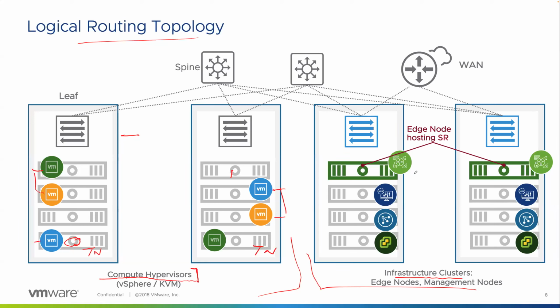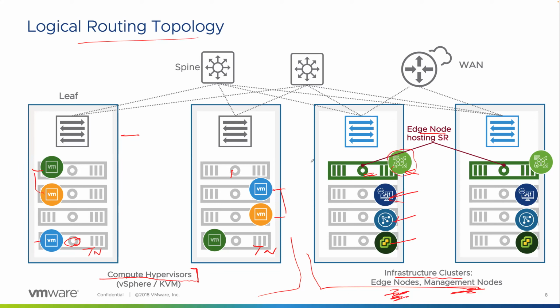That means we put edge node VMs onto these physical servers. We also have vCenter and NSX manager. Those VMs are for management uses, and the edge node is for routing uses. That's it.